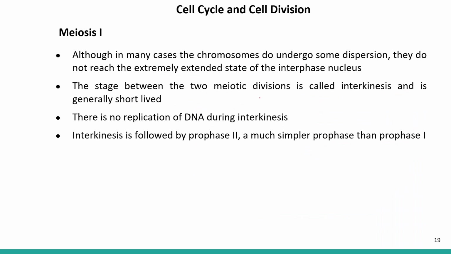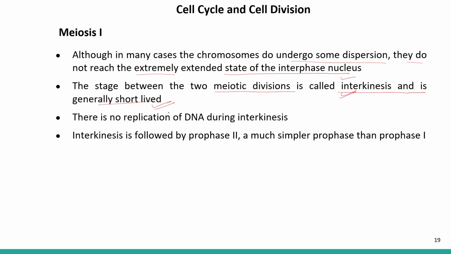Although in many cases the chromosomes do undergo some dispersion, they do not reach the extremely extended state of the interphase nucleus. Okay, so this stage between the two meiotic divisions is called the interkinesis and is generally very short-lived. So there is a gap between meiosis 1 and meiosis 2, but that is for a very short time, right?